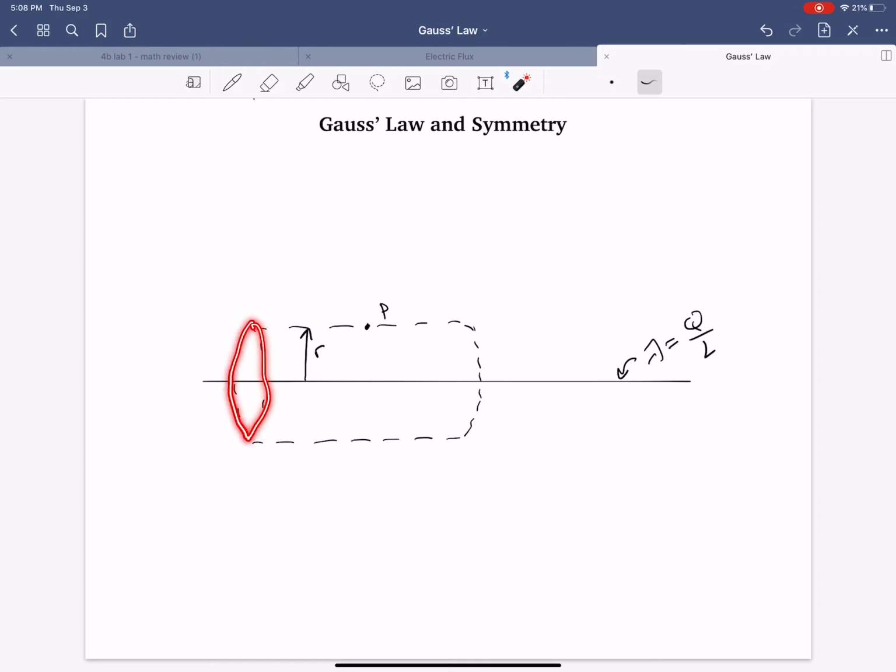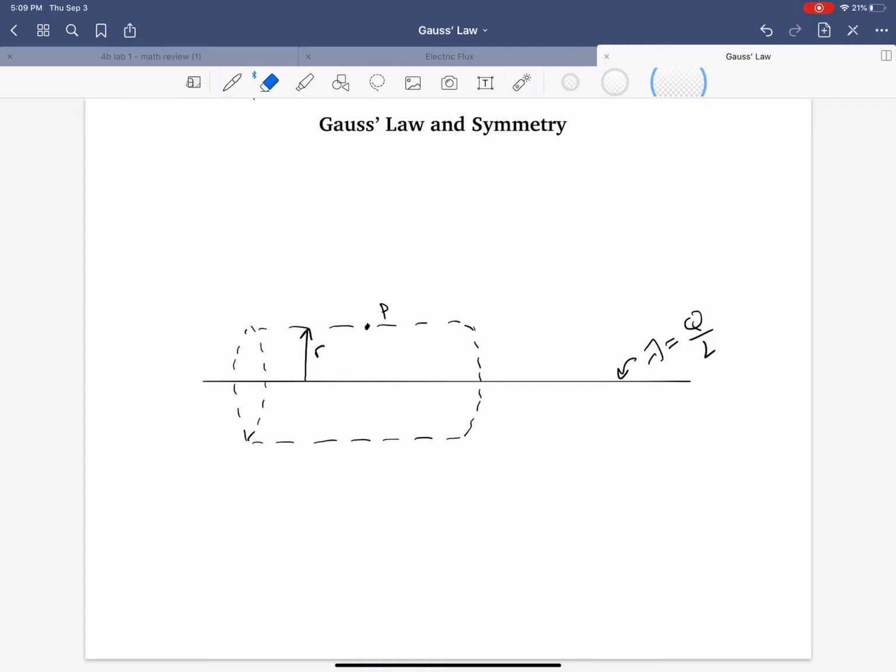Okay, so if you think three-dimensionally, the points here are the same distance to the line as up here. Same thing for in the background. That's the same distance as that. So a Gaussian cylinder centered on a line of charge is the appropriate choice for a line, right?